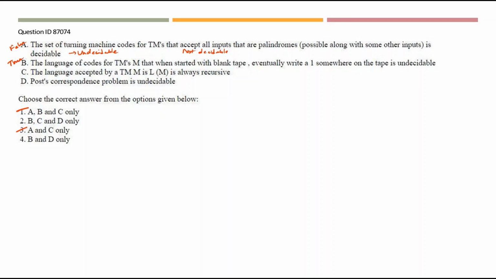The third one, the language accepted by a Turing machine M is L of M, and this is always recursive. Here I would like to add some details. The language accepted by the Turing machine M is recursively enumerable, denoted by RE. Recursively enumerable will have recursive inside it, and inside recursive we will have CFL, and inside CFL we will have regular. If you want the language to be accepted by the Turing machine, then it should be recursively enumerable. Then what about recursive?